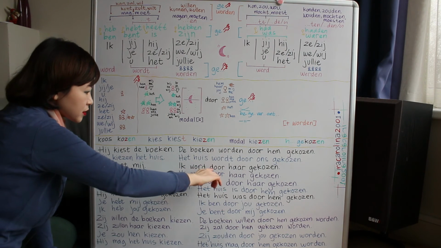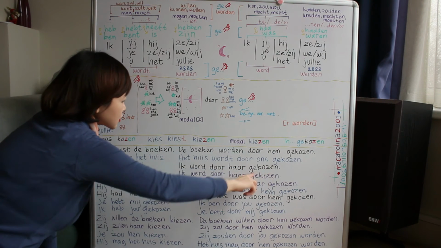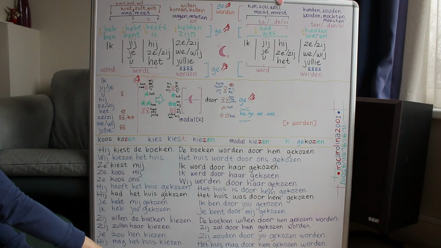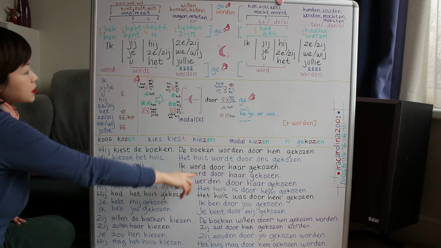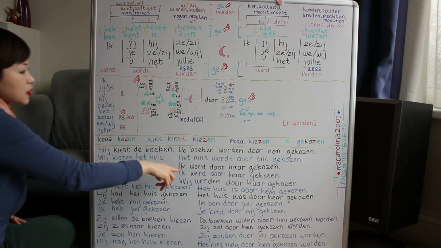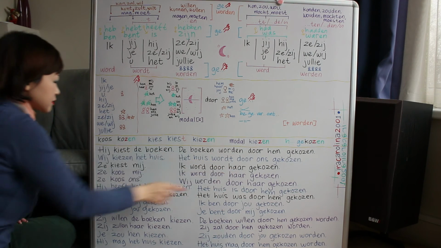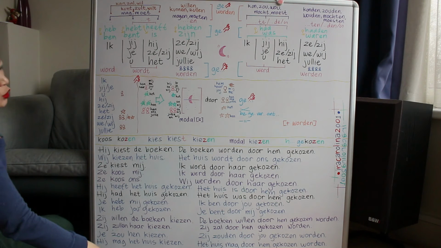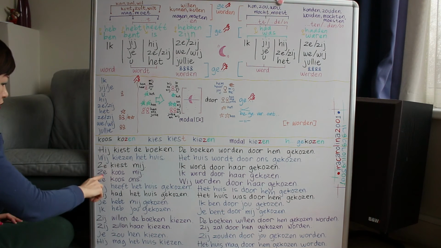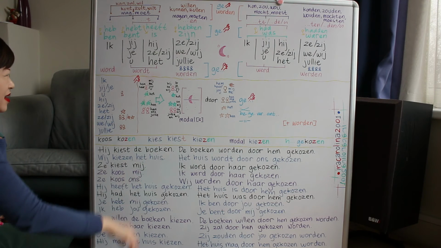Ik word door haar gekozen. Word because we use the ik here. Door haar, from ze.